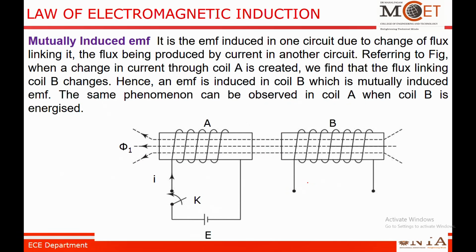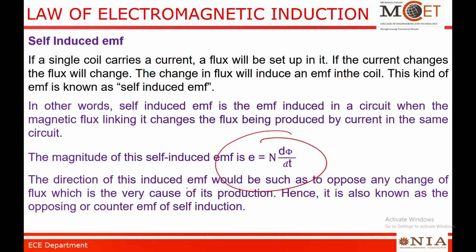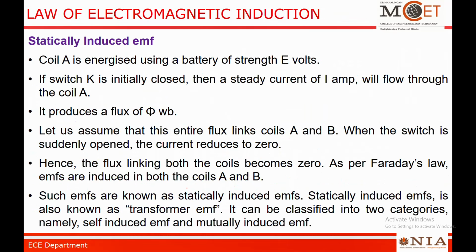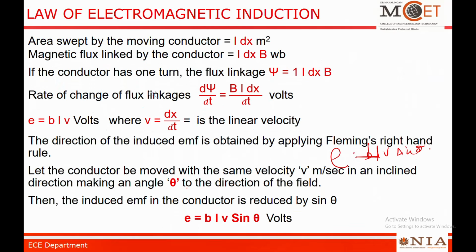The mutually induced EMF arises when there is a change of flux linking a circuit, the flux being produced by the current in another circuit. The same phenomenon can be observed where coils A and B are energized, giving us a clear idea of the self-induced and mutually induced EMF.